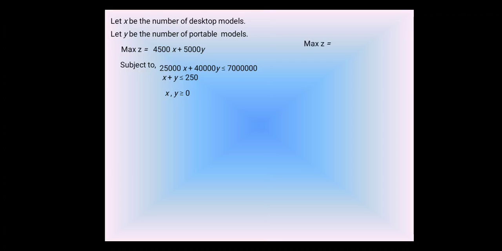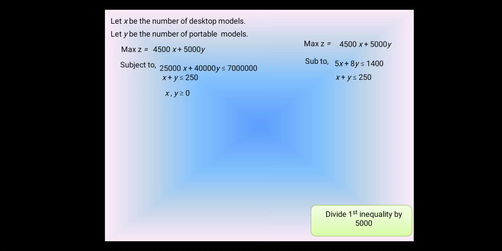Considering maximum of Z is equal to 4500x plus 5000y, and constraints are, we divide the first inequality by 5000. We get 5x plus 8y less than or equal to 1400, and the second inequality x plus y less than or equal to 250, x comma y greater than or equal to 0.